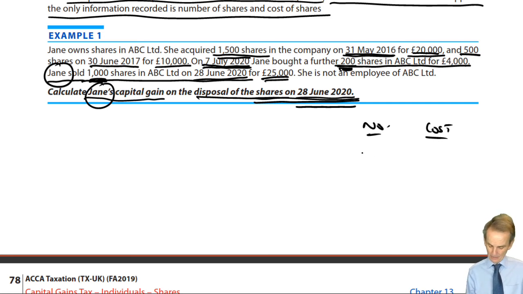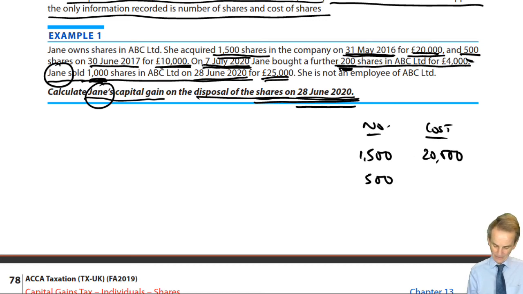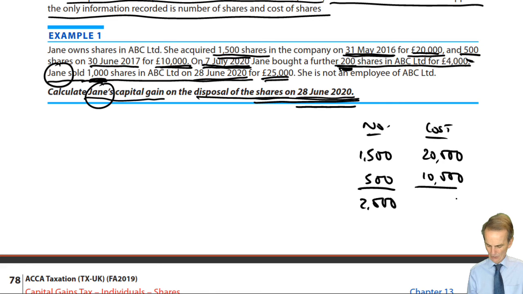But what do we buy? 1,500 shares for £20,000. Then a further 500 shares at a cost of £10,000, giving us therefore at point of sale 2,000 shares costing £30,000. How many of those will be disposed of?